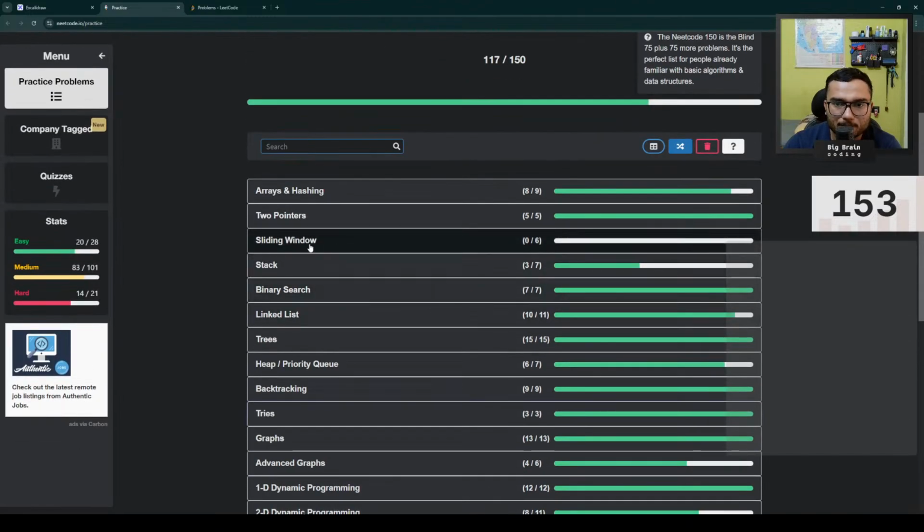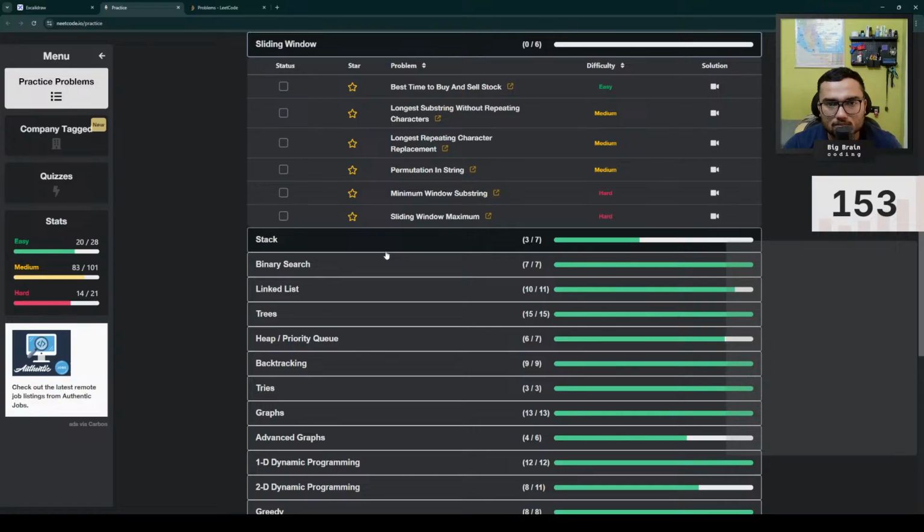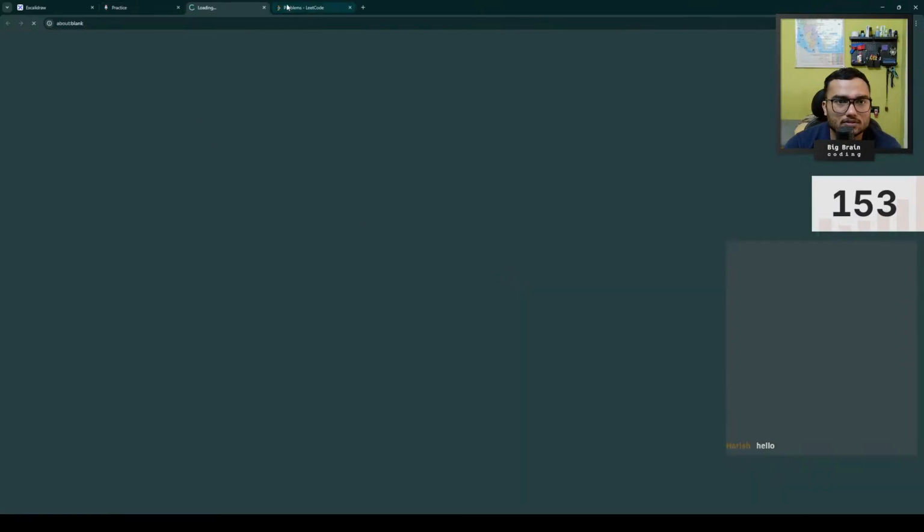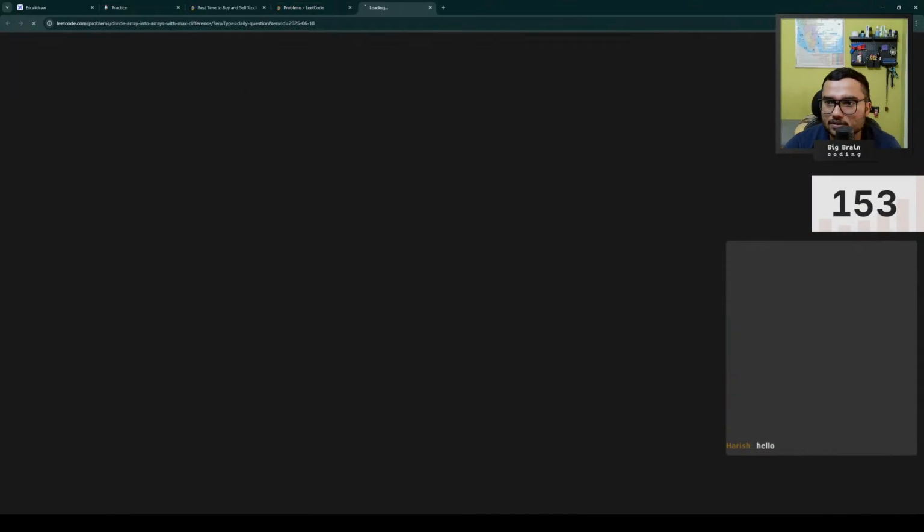Or we could do sliding window. Yeah, let's do sliding window. This will be like a warm-up today, and then I can get to graphs tomorrow. Let's also get the daily question.